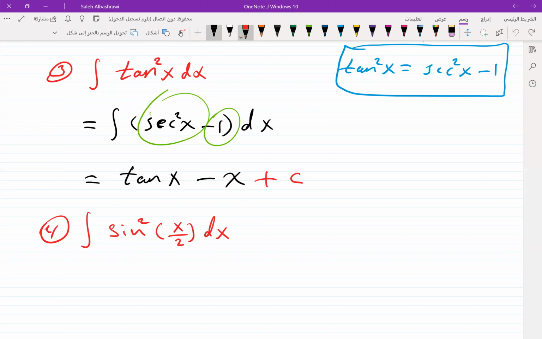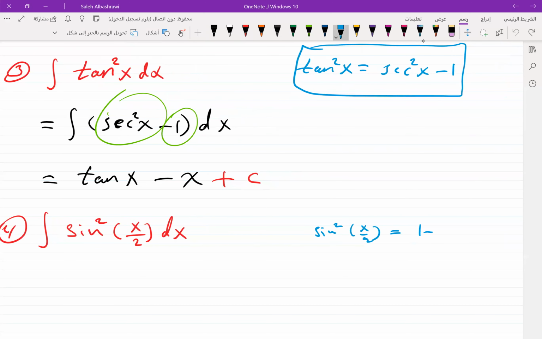We know that sine squared x can be written as 1 minus cosine squared x, but in this formula, I still have cosine squared, and I don't have a direct integration for that one.